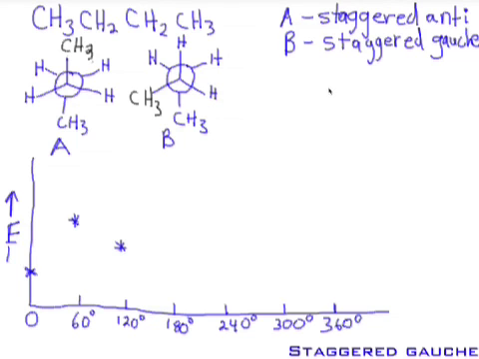Staggered gauche. Staggered gauche is higher energy than staggered anti, but it is still further apart and lower energy than any of the eclipse structures. Let's look at the eclipse structure that would have formed in between A and B.